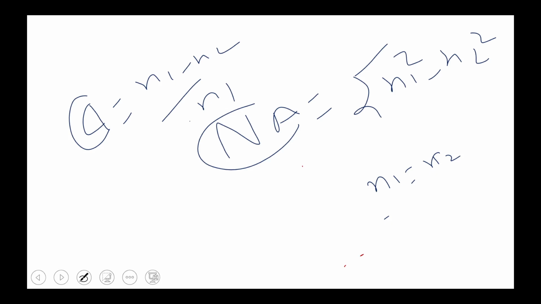It is just the difference between one medium and another. In that case n1 square minus n2 square is expanded as n1 plus n2 times n1 minus n2, and n1 plus n2 is approximated as 2 times n1 because they are very close. That is how the equation comes.